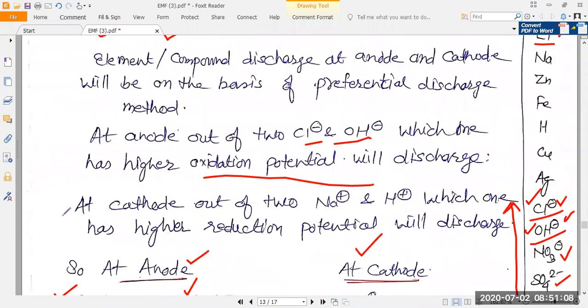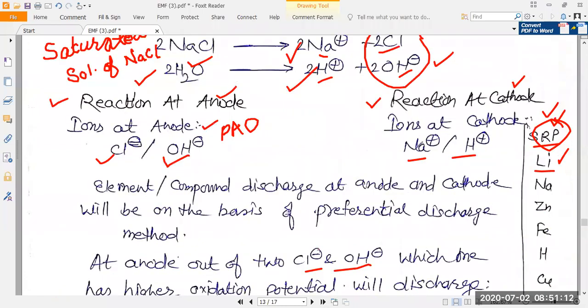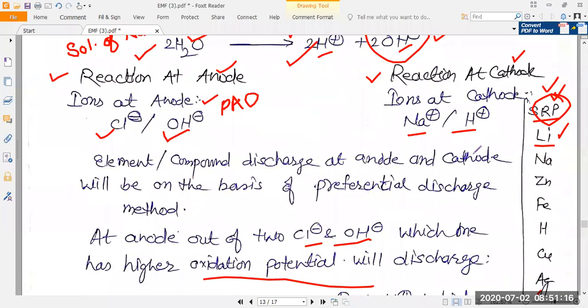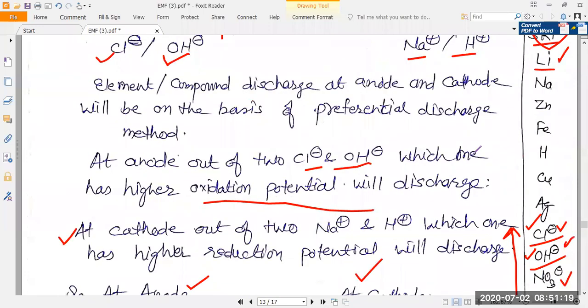At the cathode, there are also two types of ion, sodium ion and hydrogen ion. Out of the two, which ion will discharge at the cathode side? The ion which has higher reduction potential will discharge at the cathode side.